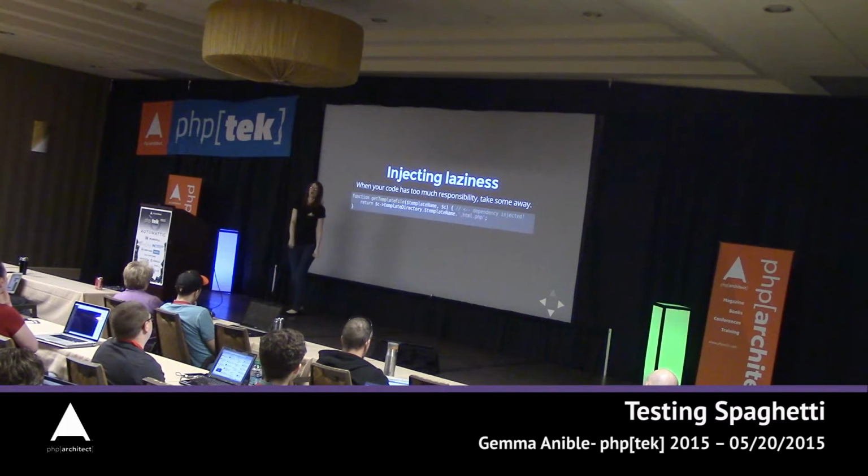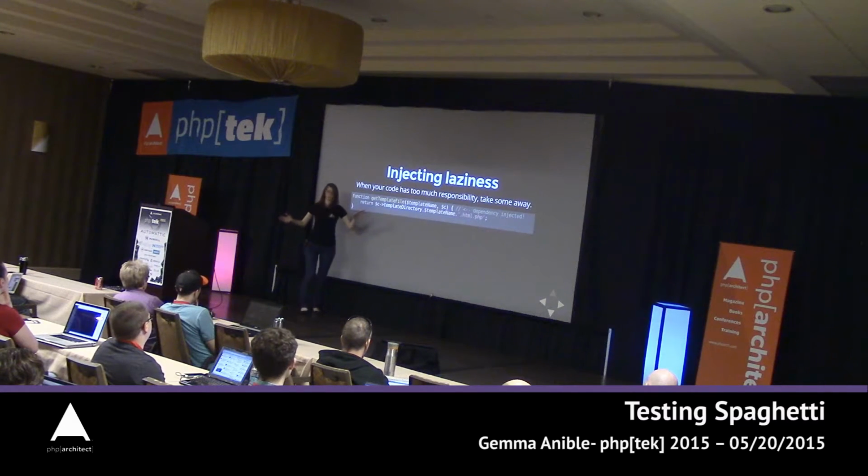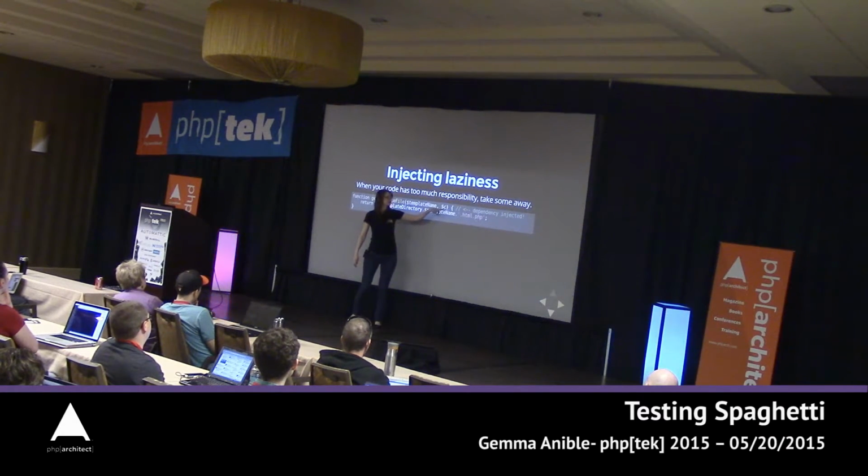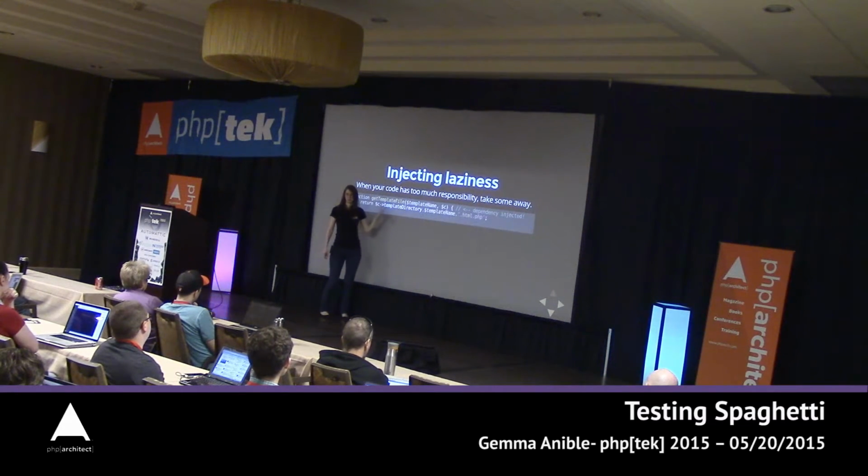If you're hardcore, you're looking at this and going, Gemma, you should have just passed in the directory name. Yeah, these are the first steps. It's OK. So if you want to test this, all you need is some sort of object that you don't need to know much about, that has a template directory property on it.